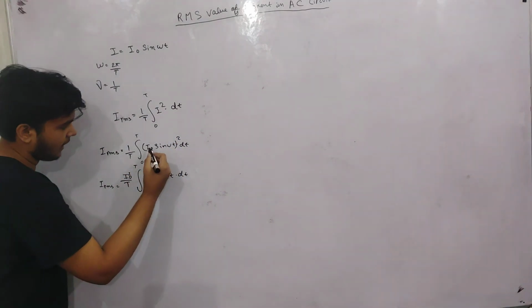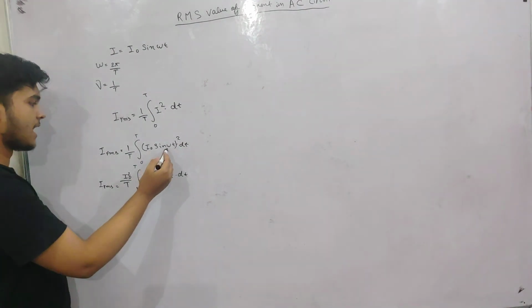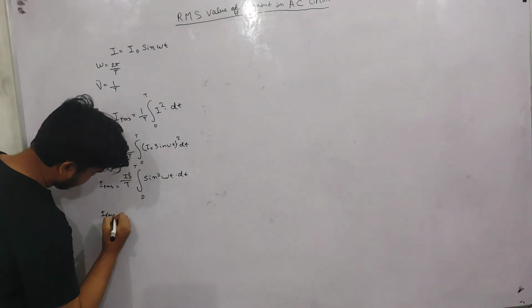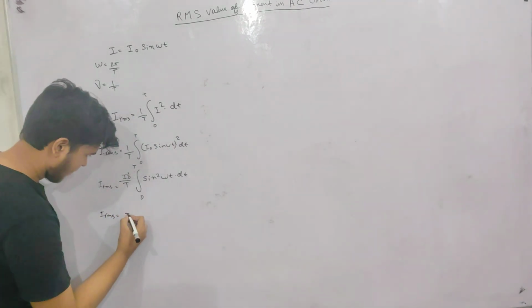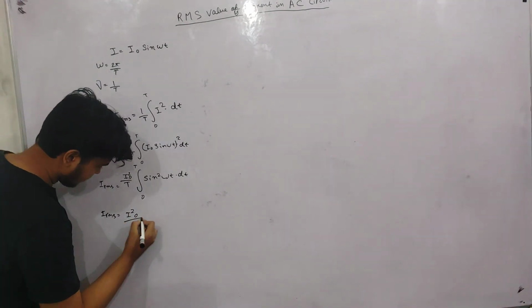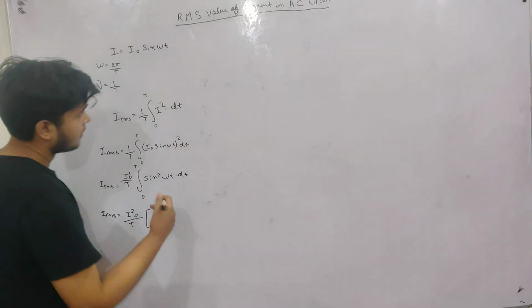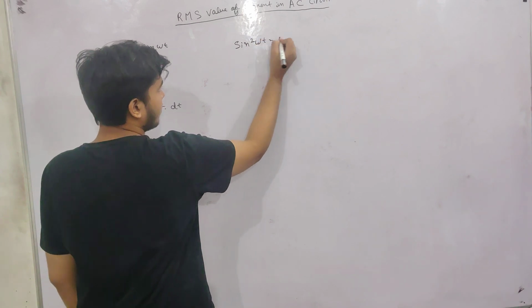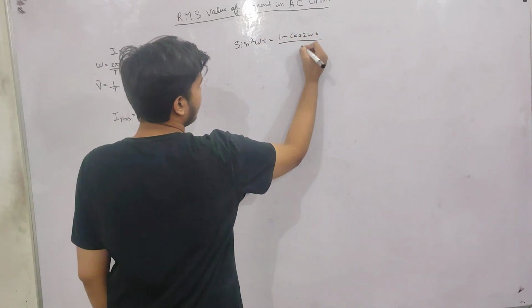I naught square is constant, outside, sin square omega t. I RMS value of current is given by I naught whole square by T in bracket, sin square omega t equals 1 minus cos 2 omega t by 2.